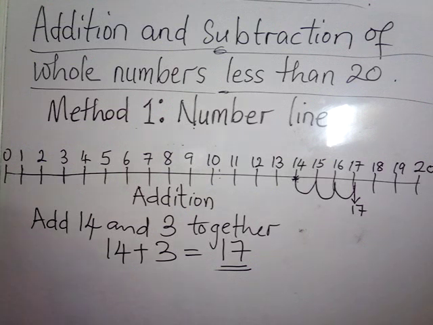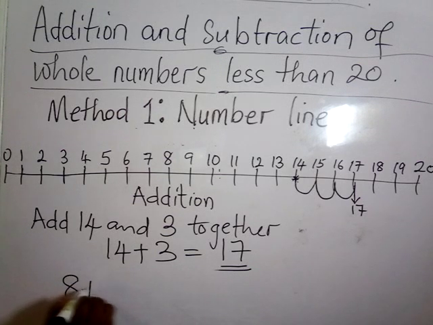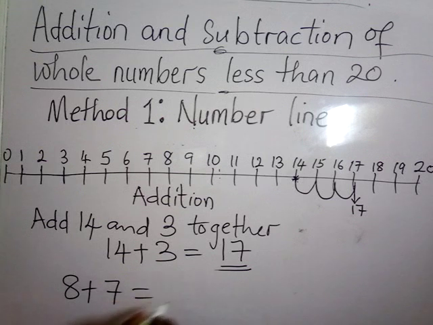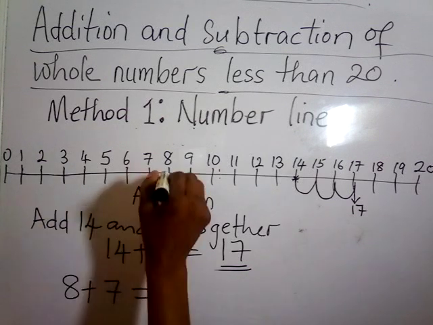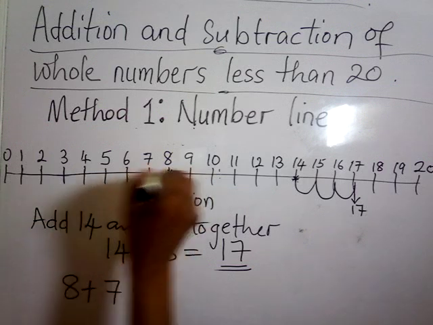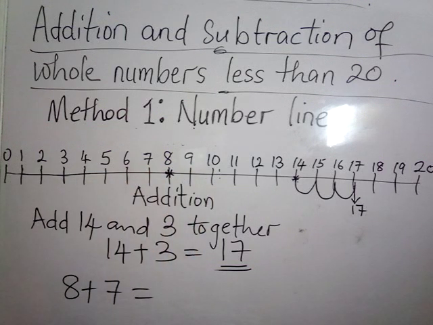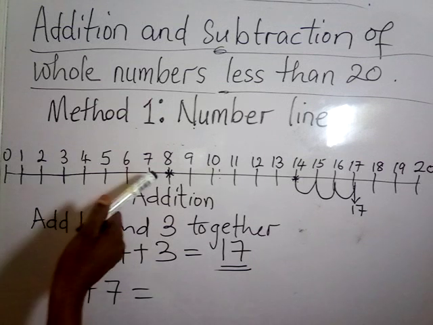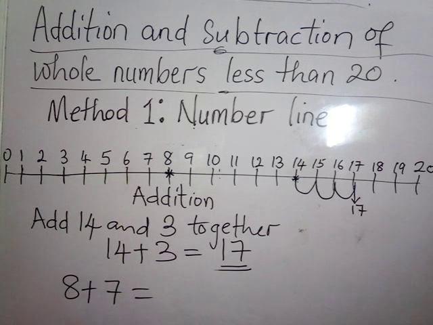So let's take another example. Let's use 8 plus 7. So, again, you mark where your 8 is. And what do you do to get your 8 plus 7? Since you have taken note of the point 8, you count 7 steps from that point forward.